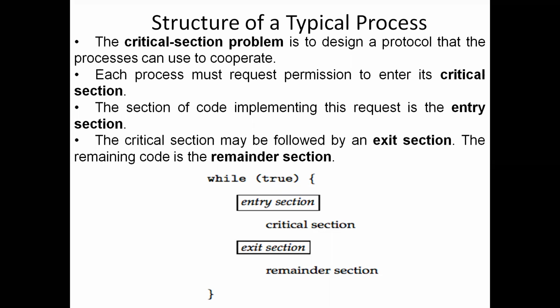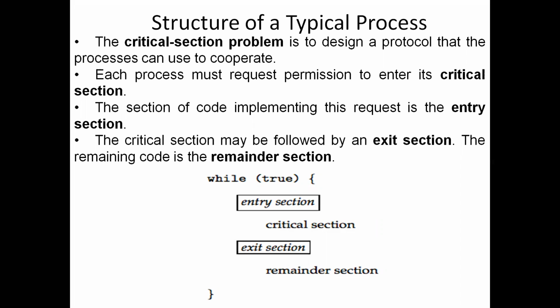Entry will be given to only one process at a time in the system. When one process is executing in the critical section, other processes should not try to enter into the critical section.